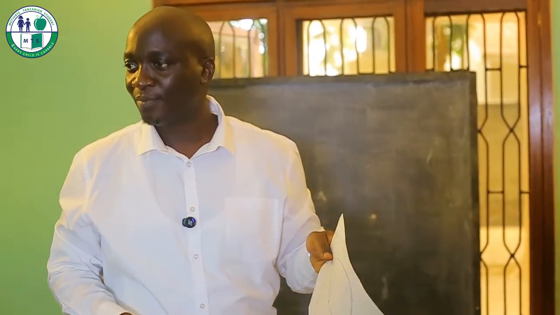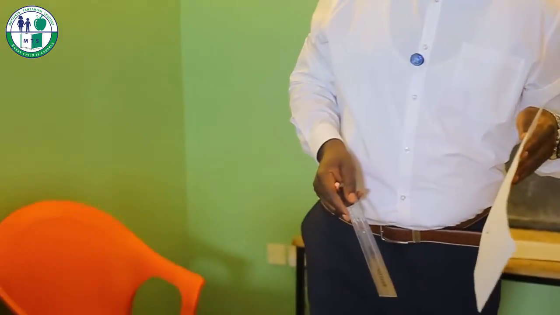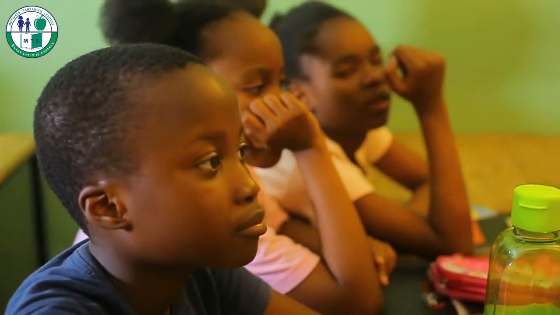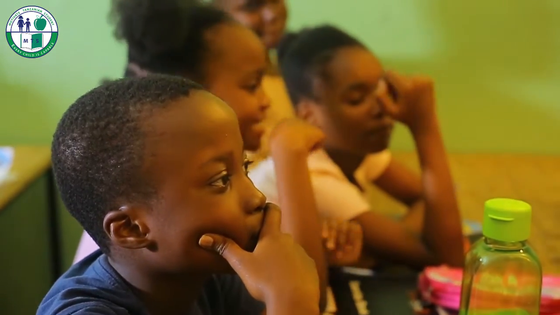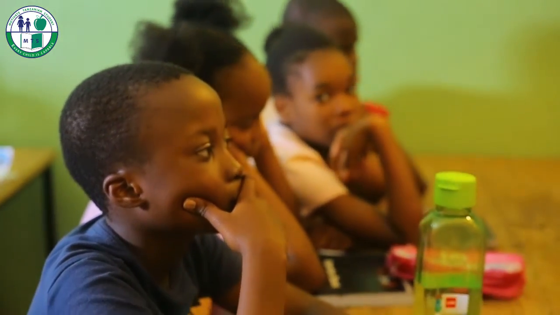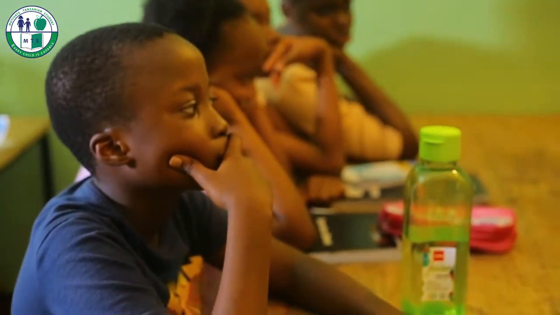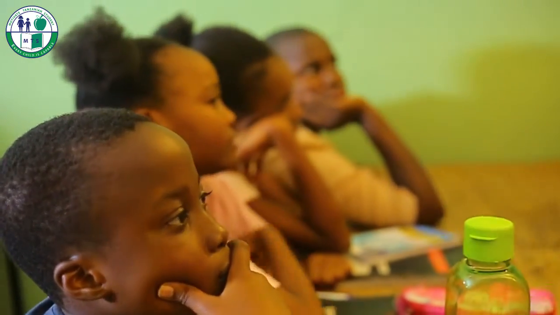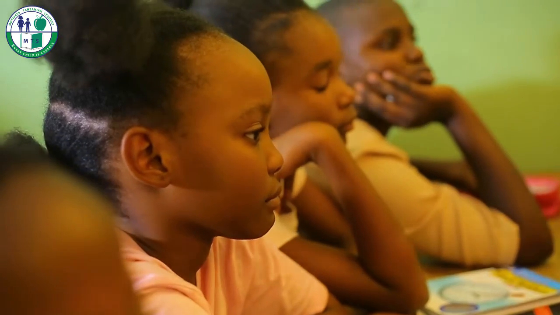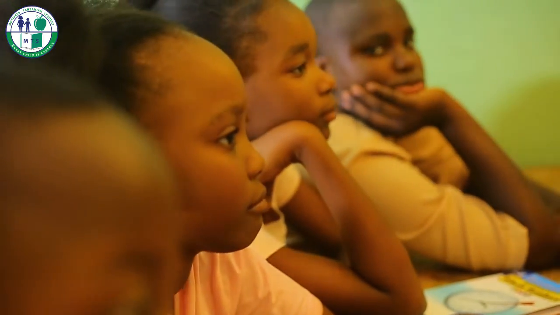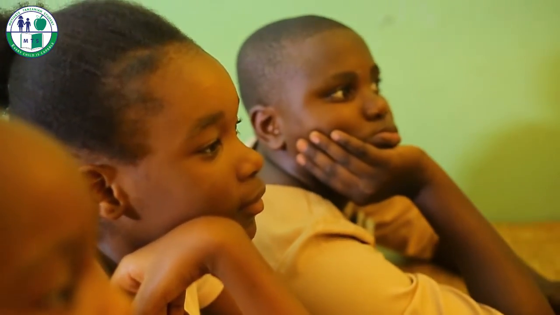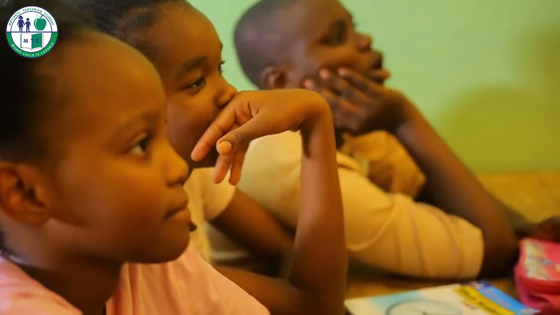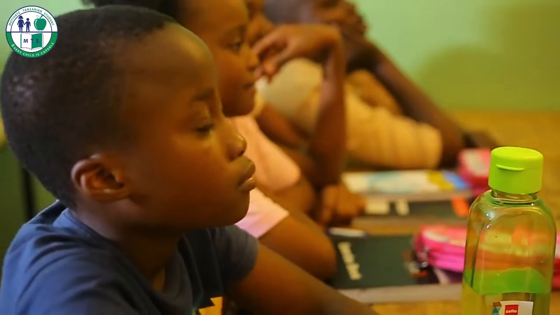Do you want to know its name? It's called diameter. The name is called diameter. So what is a diameter? A diameter is a straight line passing through the center of a circle. Inaanza mwanzo inafika mpaka mwisho. Its symbol is D. Diameter, D.